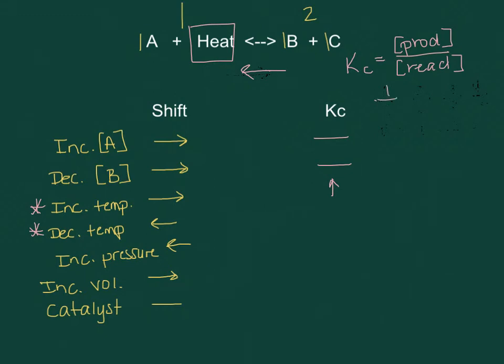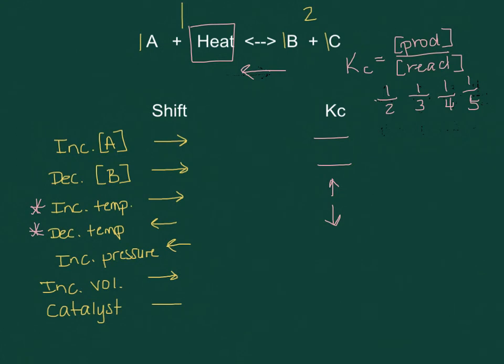So this time, I'm going to start with 1 over 2 again. Again, 1 for my products, 2 for my reactants. So this time, my products are going to stay the same, but my reactants are going to increase. 1/3, 1/4, 1/5. So as you can see, my Keq, or my Kc, my equilibrium constant, is actually decreasing.